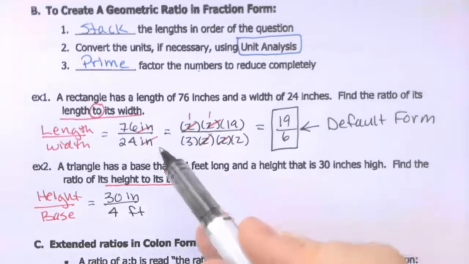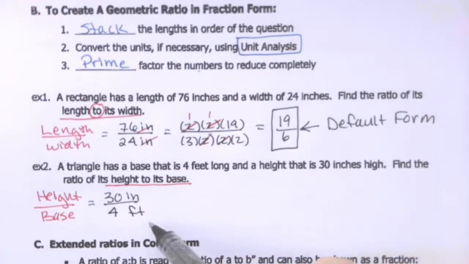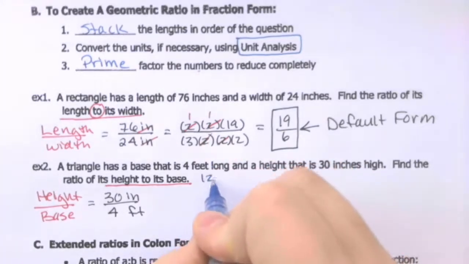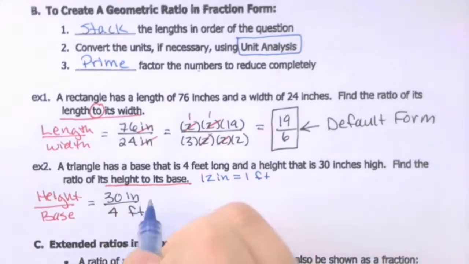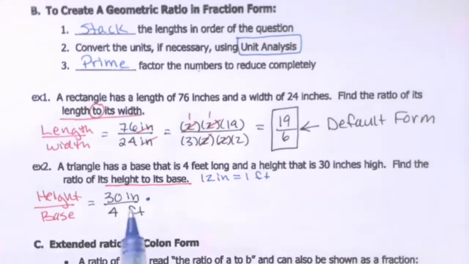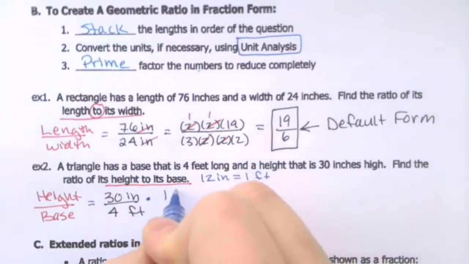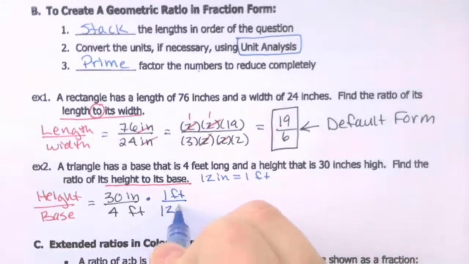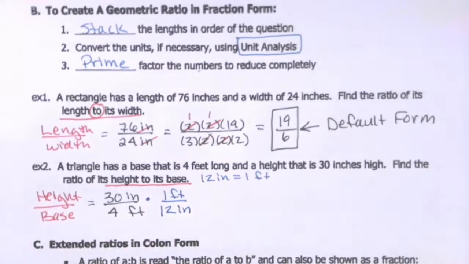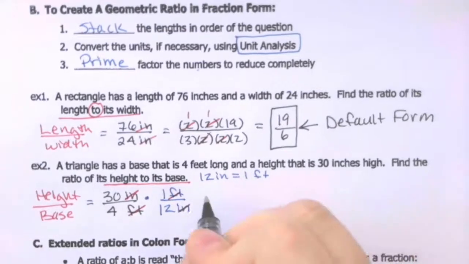And unlike the last one where we had inches and inches, this one we need to convert the units so they can divide out. Well, we know that 12 inches equals 1 foot. That's our conversion. So turning that into a fraction, I want feet to cancel. So 1 foot will go on the top of the conversion fraction. 12 inches will go on the bottom. That way, inches and inches divide out, feet and feet divide out.